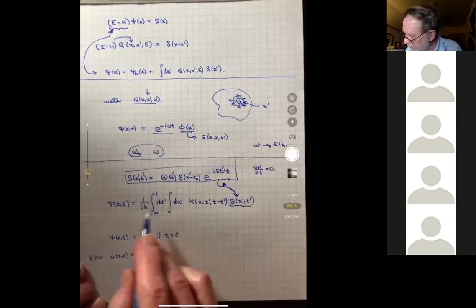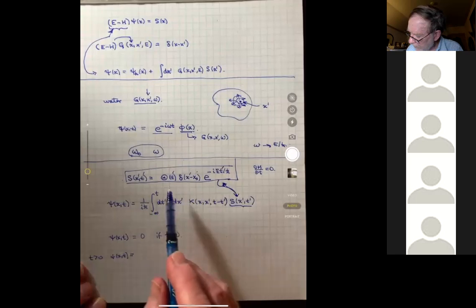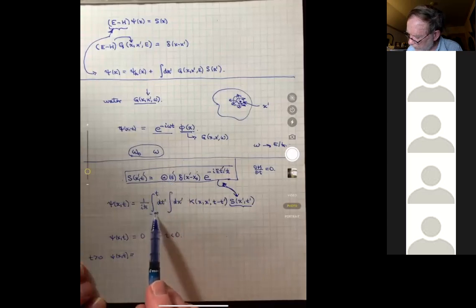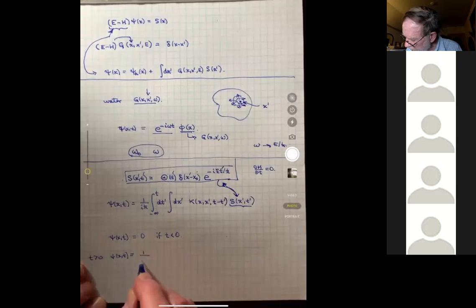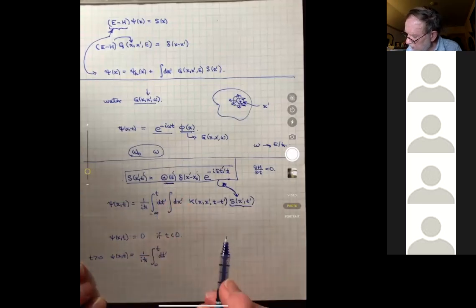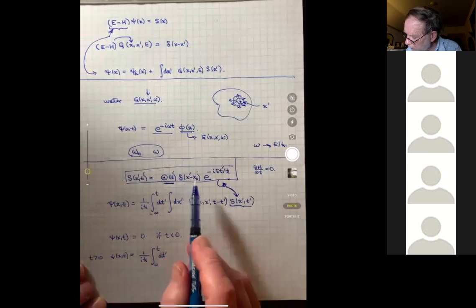Well, it's equal to this integral, but let's simplify it. In the first place, the theta of t prime means that negative t prime doesn't contribute. So this integral only goes from 0 to t, and not minus infinity to t. So I get 1 over i h bar, the integral from 0 to t dt prime, and that takes care of the theta of t part. The x prime integral I can do because of the delta function.